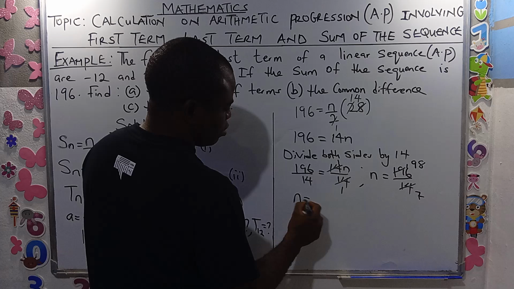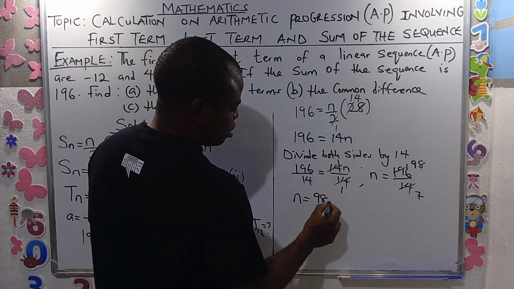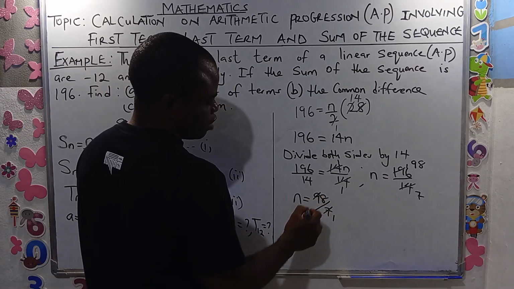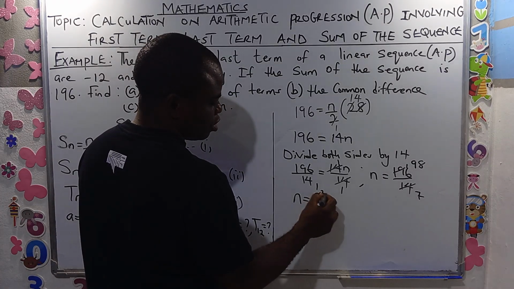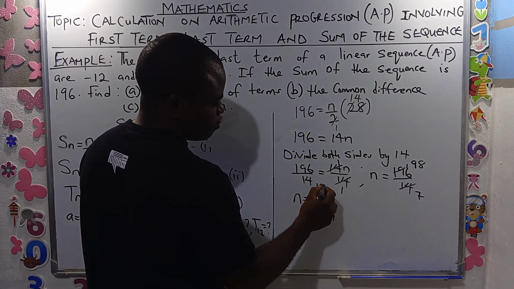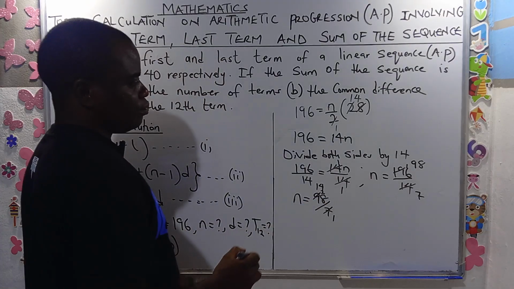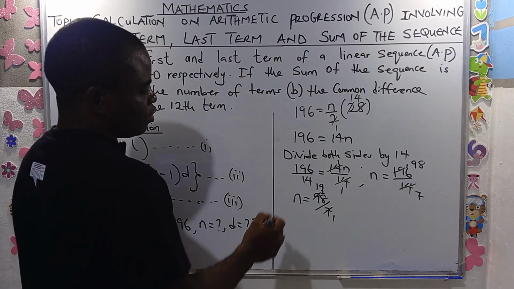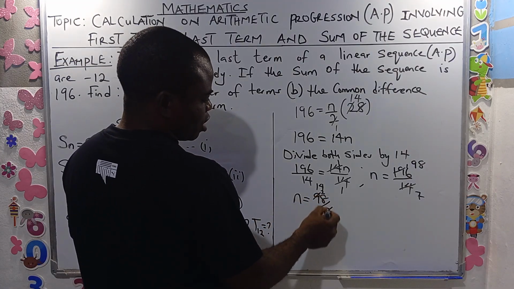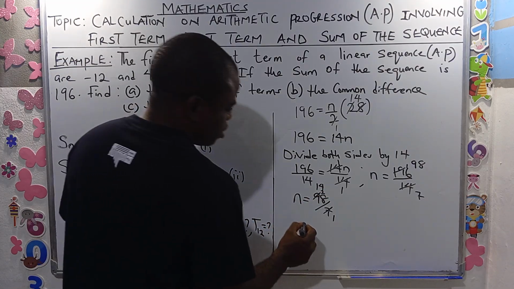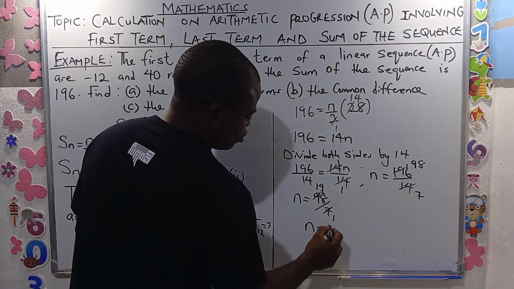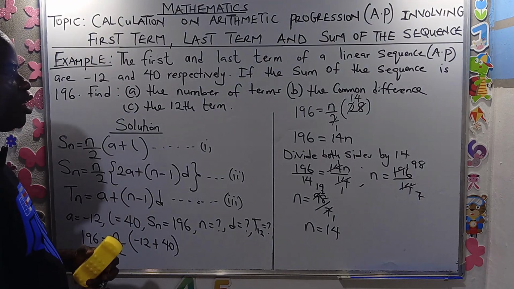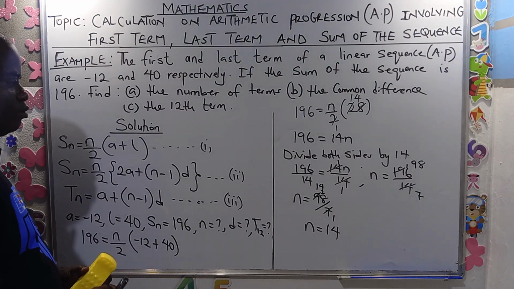Your n now equals 98 divided by 7. 7 in 9 is 1, remainder 2. 7 in 28 is 4. Now you have your n, the number of terms, to be 14. The number of terms is 14.